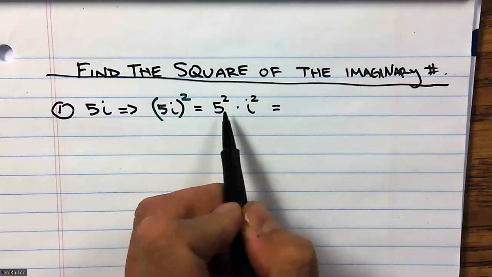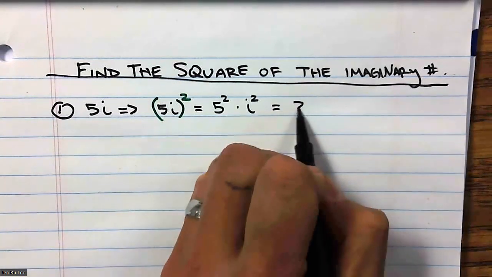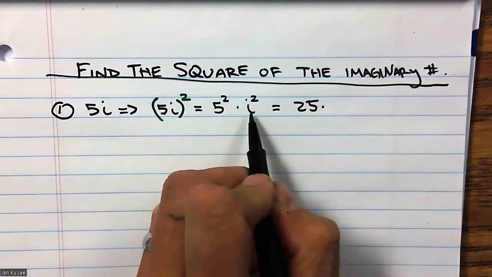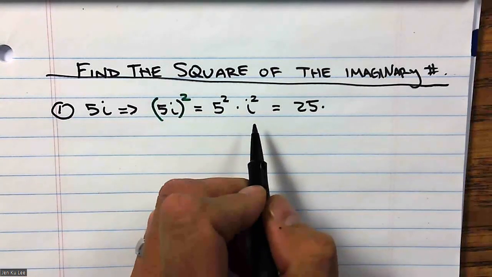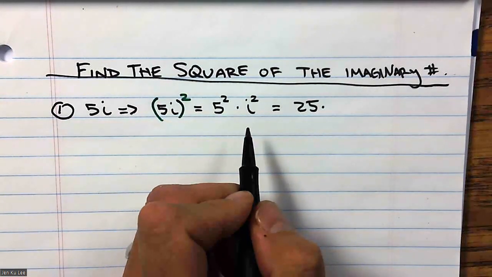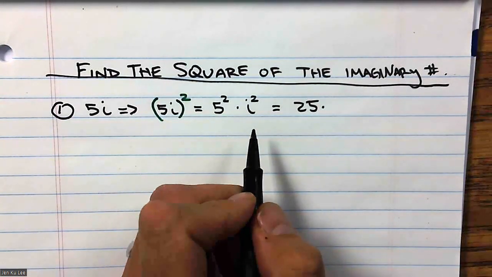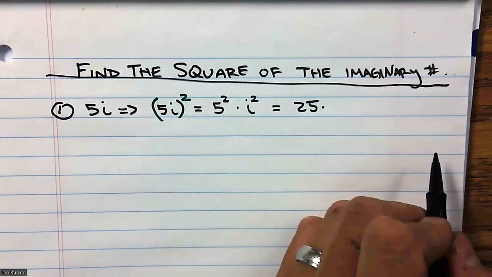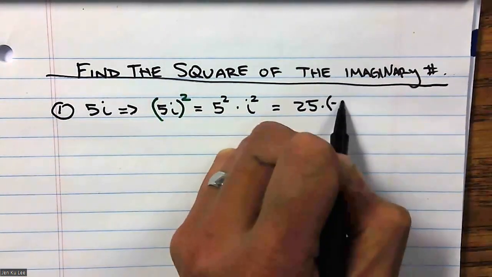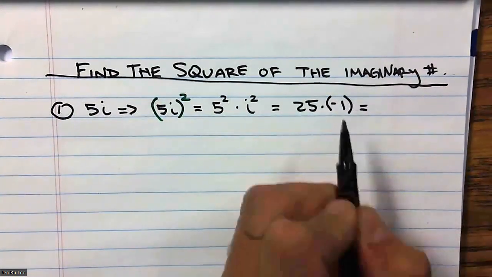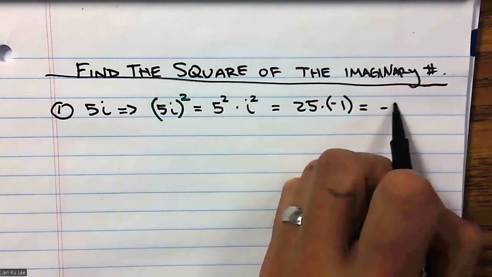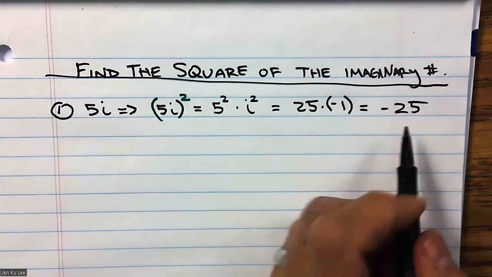What is 5 squared? 25. What is i squared? We just did it. -1. So 25 times -1 is -25. Right?